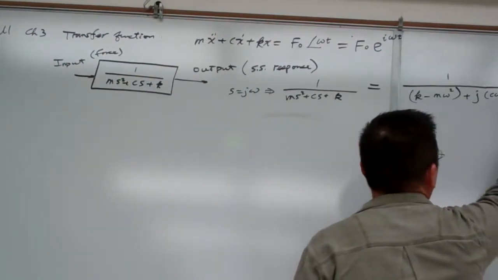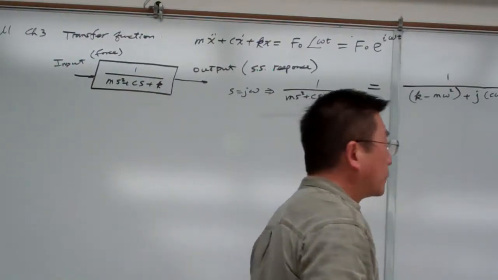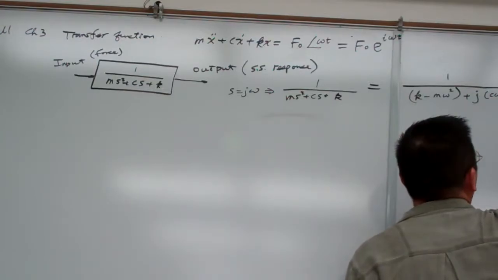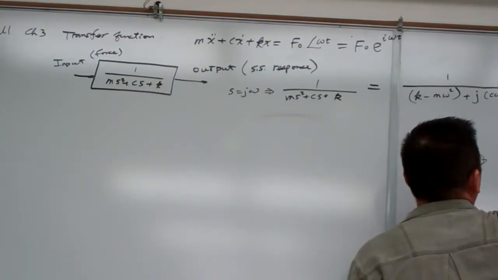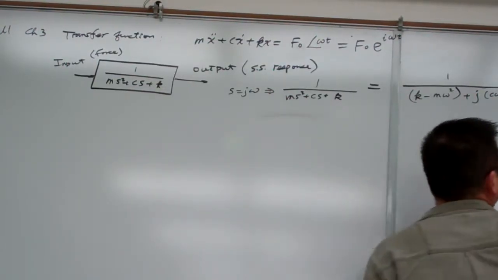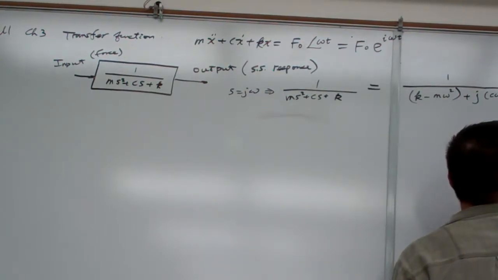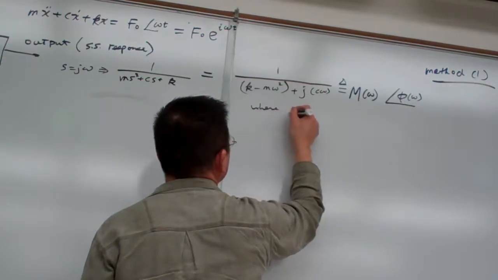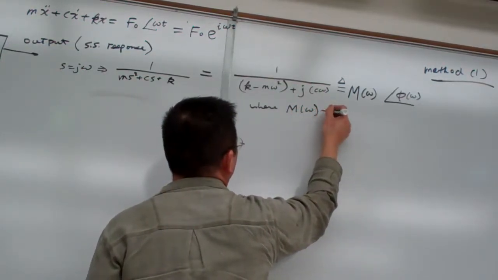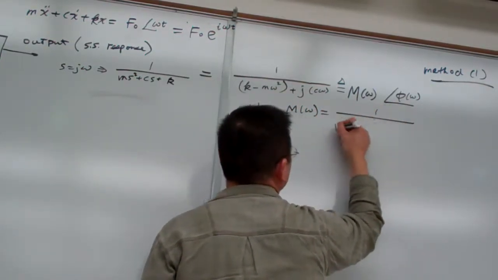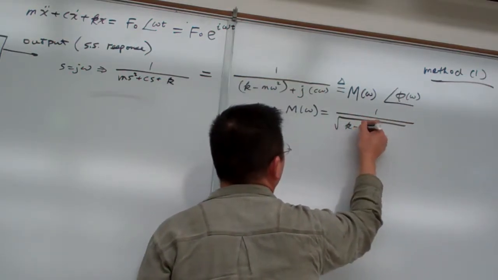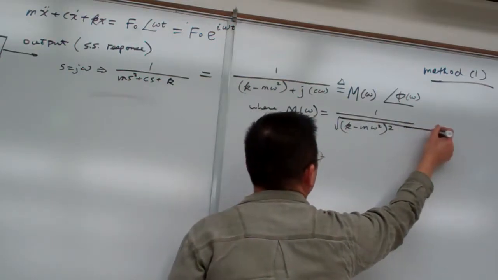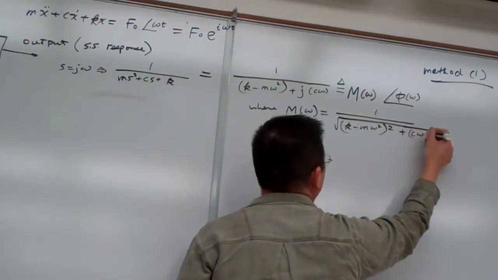The complex number we know always has a magnitude and a phase angle. So here we define it has a magnitude called M omega. It has a phase angle and we call it phi omega. So here M omega is a magnitude and the magnitude equals the square root of k minus m omega squared, squared, plus c omega squared.